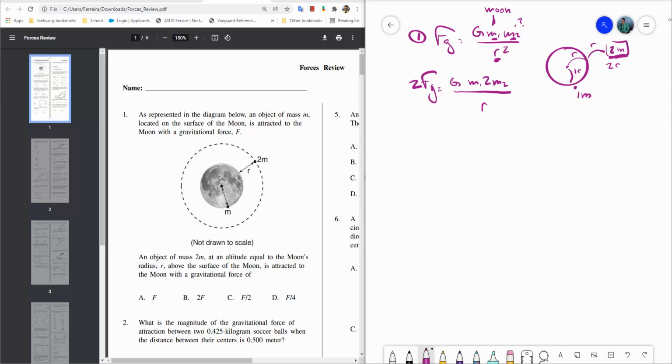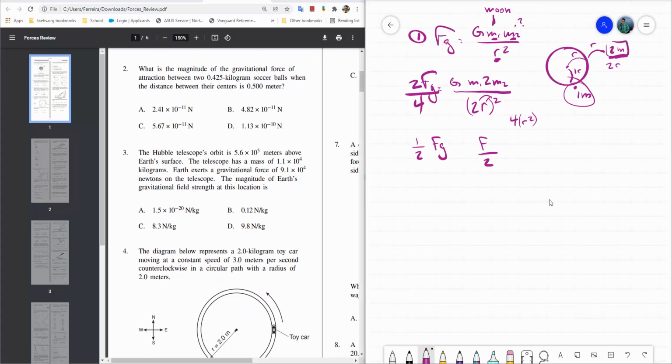Now this radius here is also twice as far away from the center of the moon, and it's also being squared. So if you distribute the square right, you're going to end up getting 4r squared, which means you can divide this thing by 4 in the denominator. Now 2/4 is the same thing as saying 1/2 the original force of gravity that this mass was experiencing, or half a force. The answer for 1 is C.